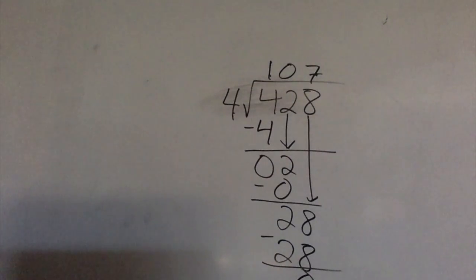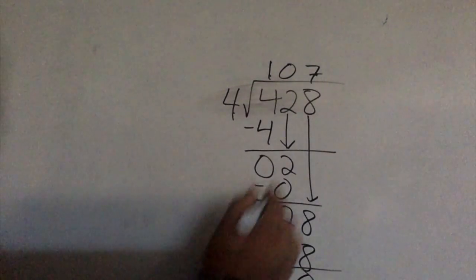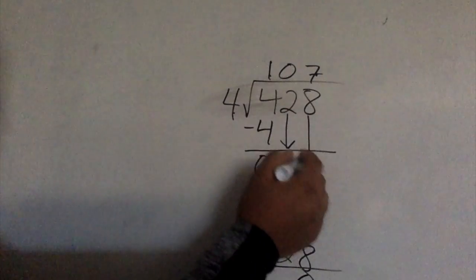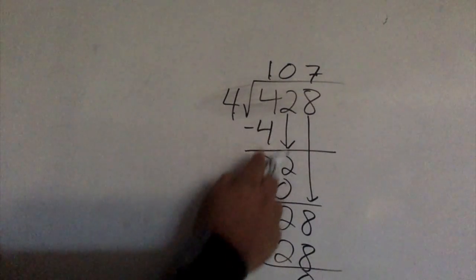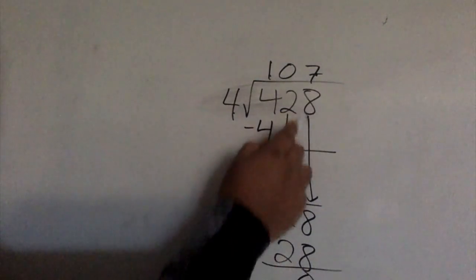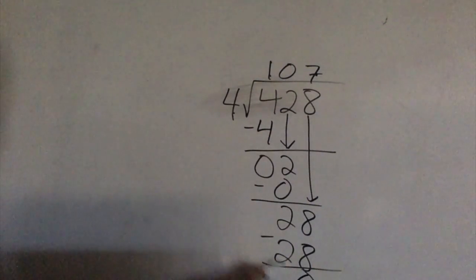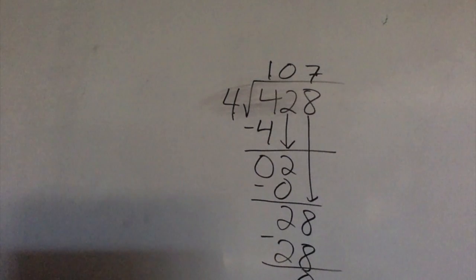So in this case, what we could have done is simply drop the 2 and drop the 8, but we're still practicing how to dissect these problems. So dropping the 2, subtract, dropping the 8, subtract, and then we ended up with 28 minus 28. Either way, we were going to end up with the same answer. Let's try another one.